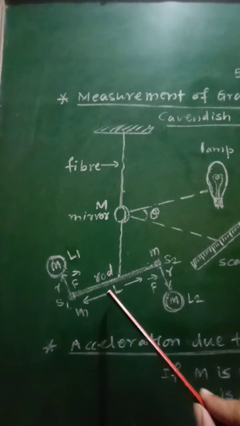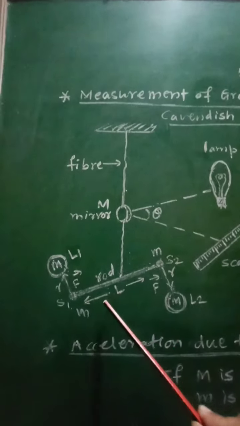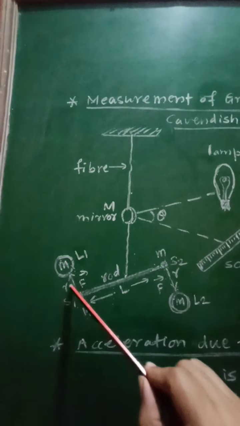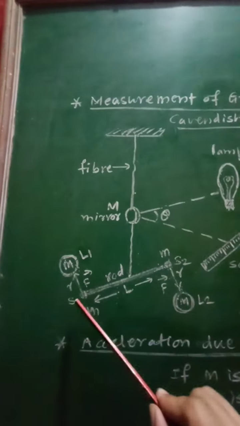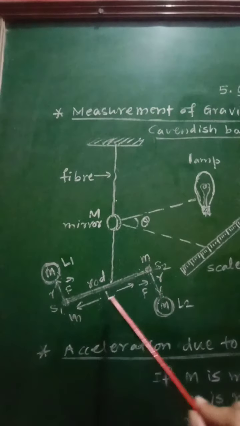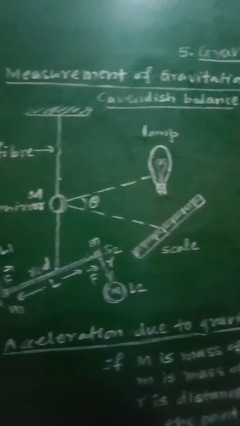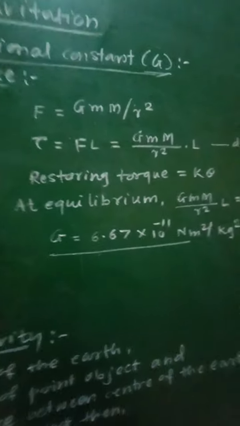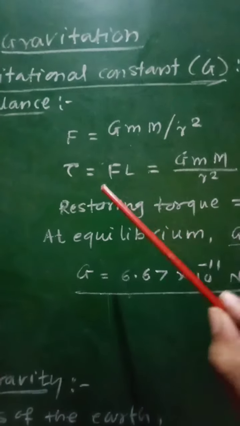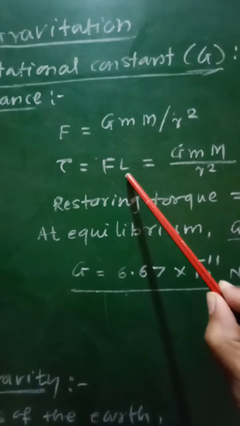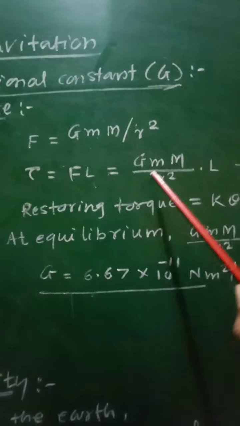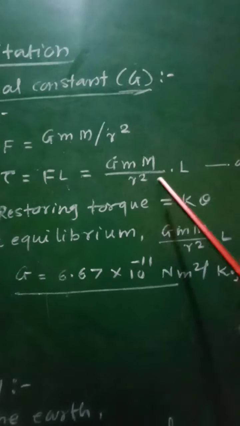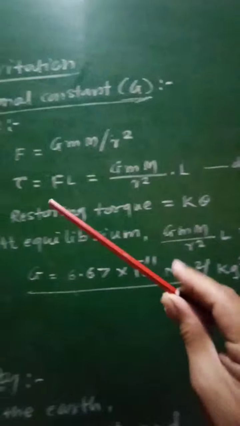The magnitude of one force is GMm upon r square, and the perpendicular distance between these two forces is the length of the rod, L. Therefore the torque is force into perpendicular distance, that is GMm upon r square into L.